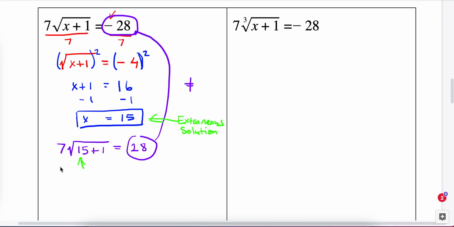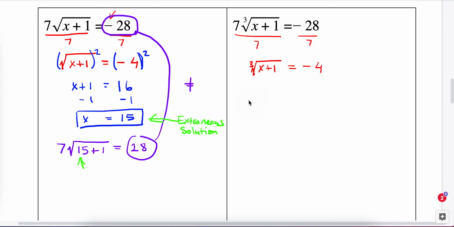Let's look at another problem, essentially the same problem, and this time you'll see a cube root. When we divide by 7 on both sides, we still have that negative, but now we have the cube root of x plus 1 equals negative 4.